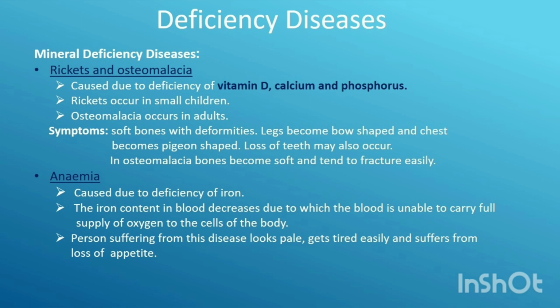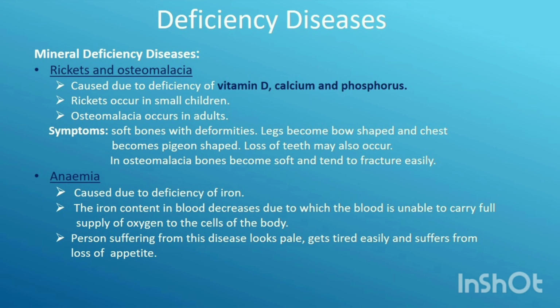Preventive measures are consume animal fats, butter, ghee, milk and egg. Take plenty of sunlight for vitamin D. Next is anemia. Anemia is caused due to deficiency of iron. The iron content in blood decreases, due to which the blood is unable to carry full supply of oxygen to the cells of the body.